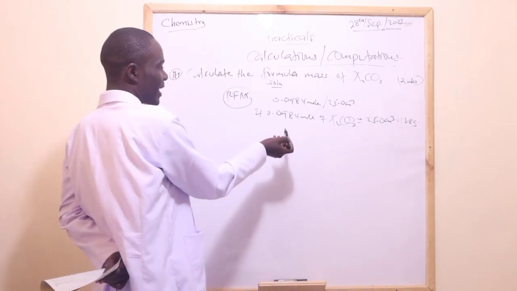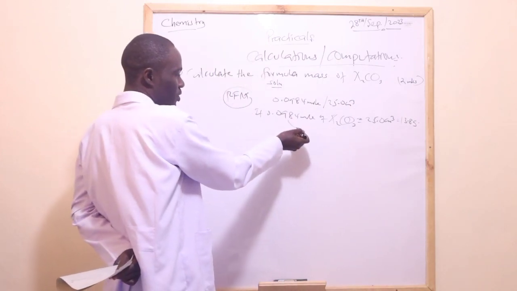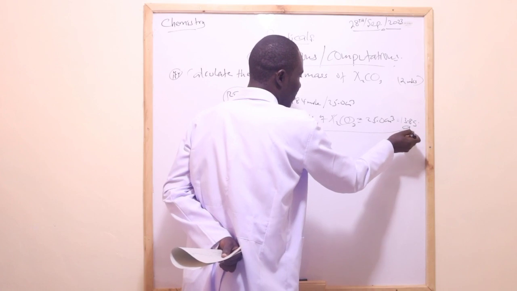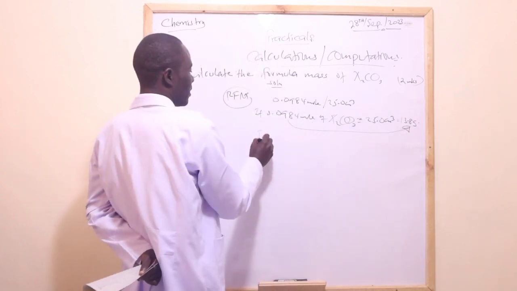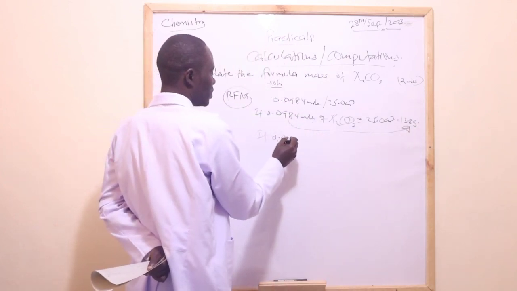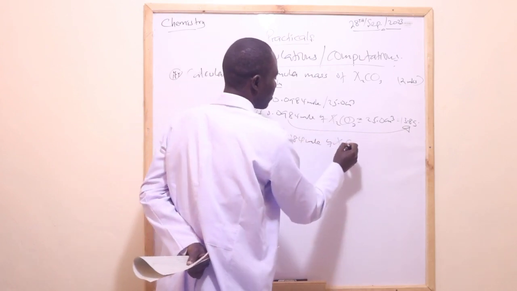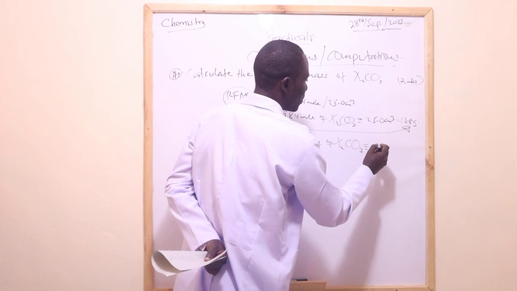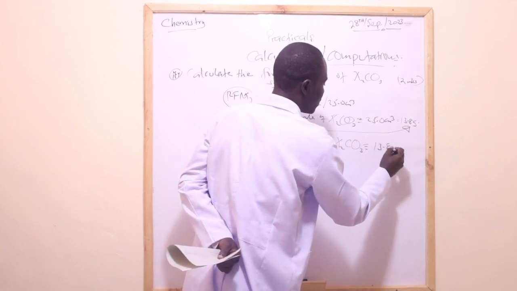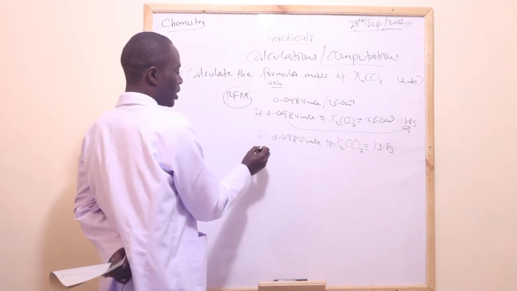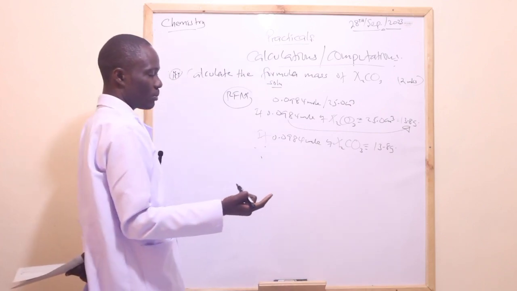So you can equate the moles to the mass, so that 0.0984 mole of X carbonate is equal to 13.8 grams. So what about 1 mole?